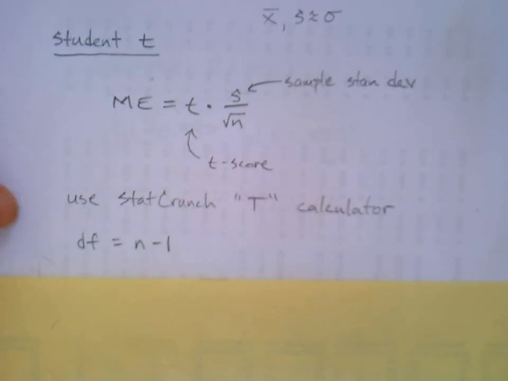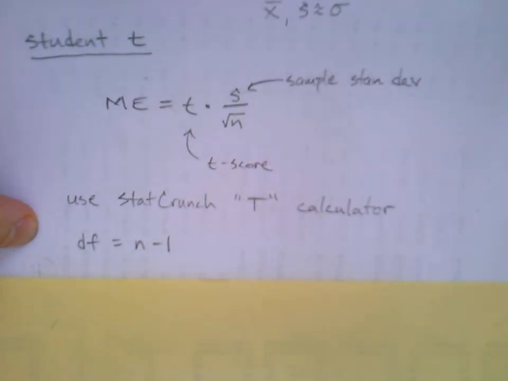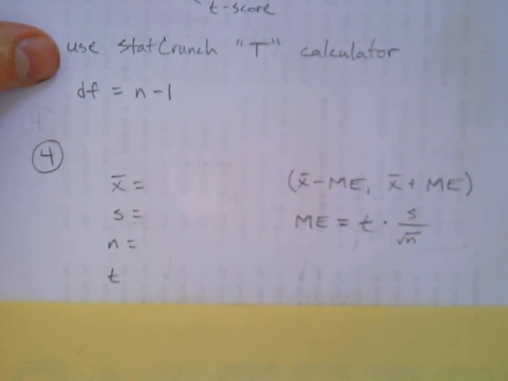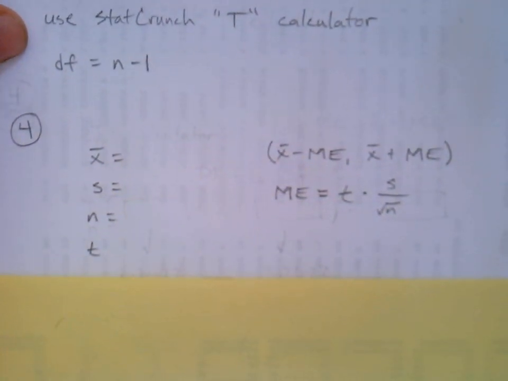All right, let's get into practice number 4. Okay, so I'll just show this. Let me go ahead and read it. The number of hours people sleep at night is normally distributed. 10 randomly selected people were asked how long they slept the previous night.